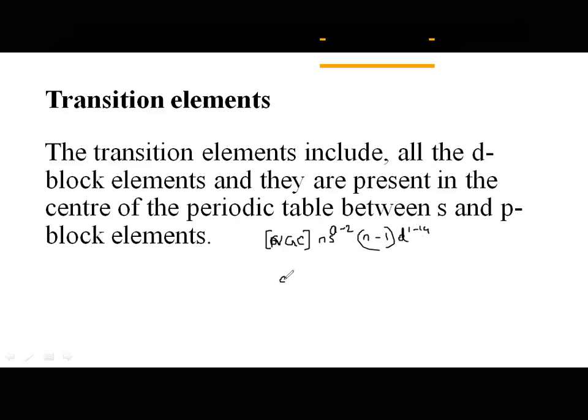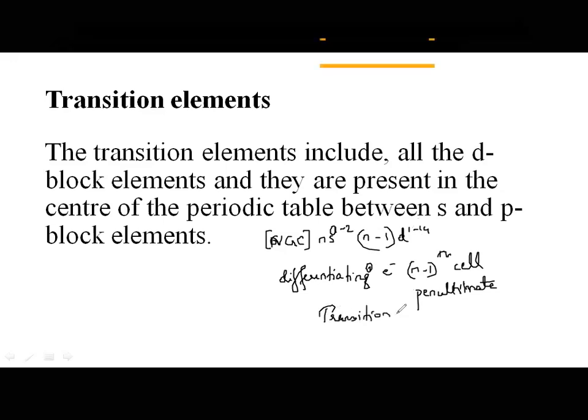The last electron, or what we call the differentiating electron, enters not into the last shell but into the (n minus 1)th shell, that is the penultimate shell. Therefore, they are called transition elements.